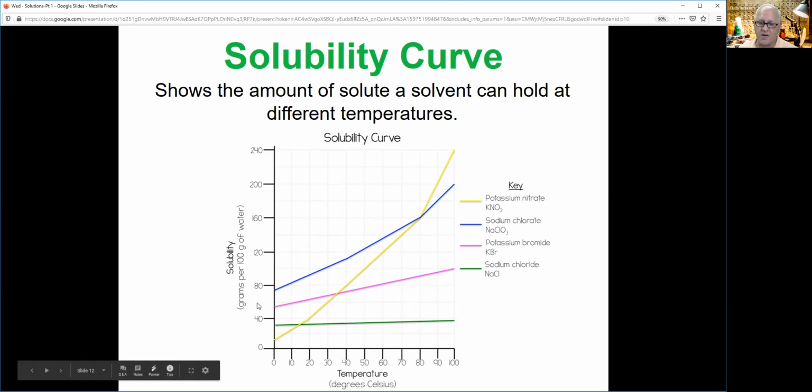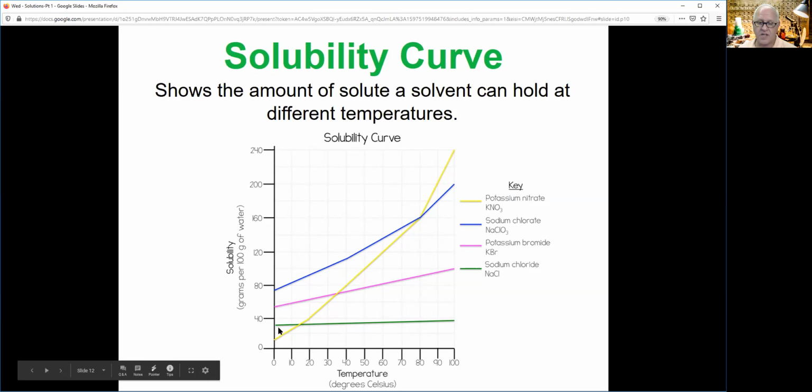And on the bottom, we're looking at the temperature of that solution. And so we have 4 chemical compounds here: potassium nitrate, sodium chlorate, potassium bromide, and sodium chloride. Sodium chloride, by the way, is salt. And so let's look at the sodium chloride. That's going to be the green line.